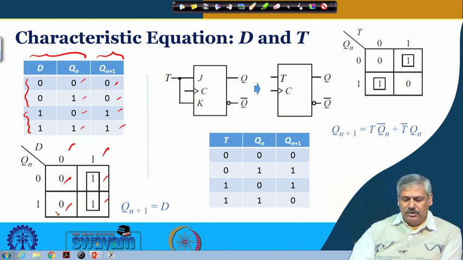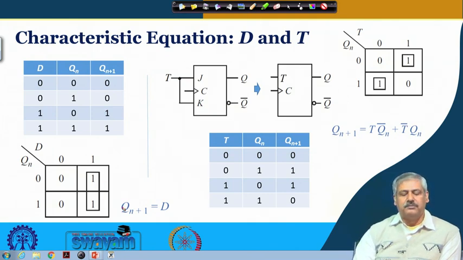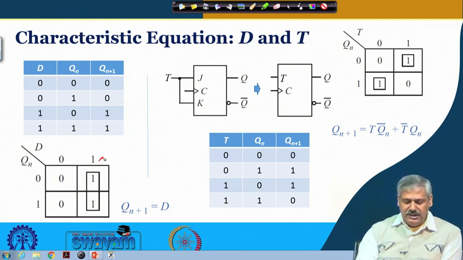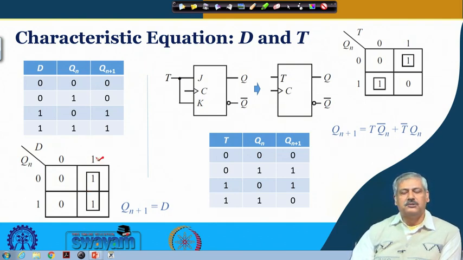In this case, we have only one product term, because only one group is sufficient to cover both the ones, for which D has a value of 1. So, Qn plus 1 is simply D. This is the characteristic equation of D flip-flop.